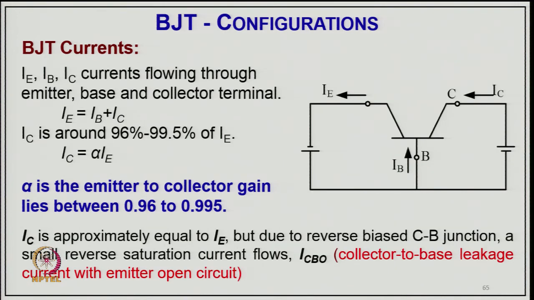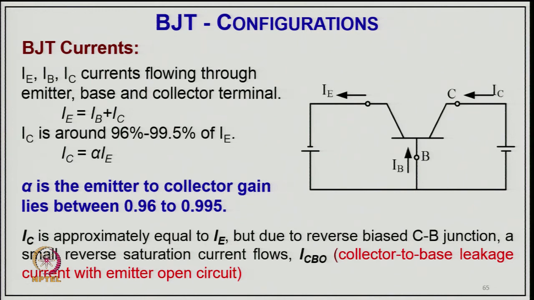Now the BJT current can be defined as follows, the typical relation between IE, IB and IC, the currents flowing through the emitter, base and collector in this circuit. You can say IE equal to IB plus IC, where IC is around 96 to 99.5% of IE, and we can say IC equal to alpha IE. So, the major current flows virtually from the collector to the emitter, and only a very small current flows in the base.